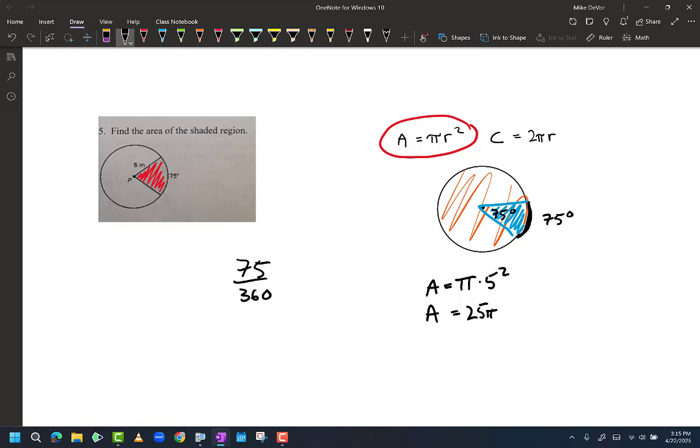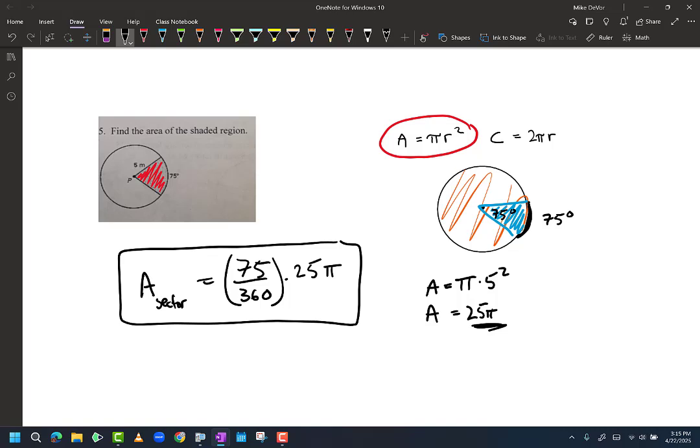So that's the fraction of times 25 pi. I don't know if you're allowed to use a calculator with this or not, but this would be pretty easy to find. So this would be the area of a sector. And that's, again, something that you can put in your calculator.